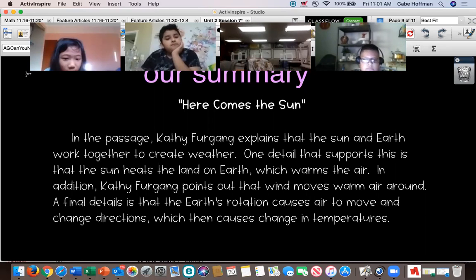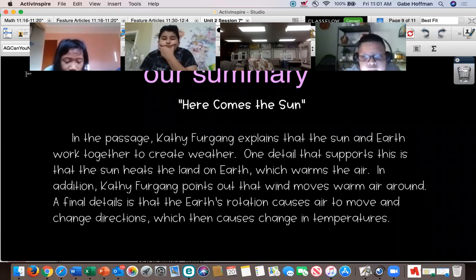In addition, Kathy Fergang points out that wind moves warm air around. A final detail is that Earth's rotation causes air to move and change directions, which then causes change in temperatures. Yeah, great job. Thank you, Clay.